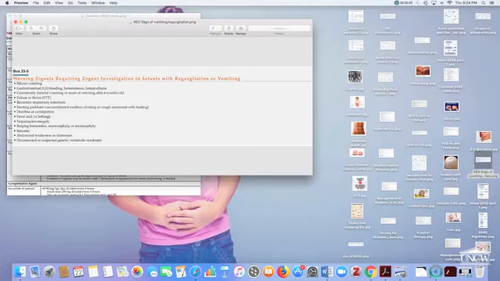Fever with lethargy and vomiting is not GERD, guys. If you have a child who comes in with fever and vomiting, that's likely going to be related to infection or some other kind of major illness, and you need to work that out more. Hepatosplenomegaly. No child who just has GERD is going to have a swollen liver or a swollen spleen, all right? So that's something for you to consider wholeheartedly.